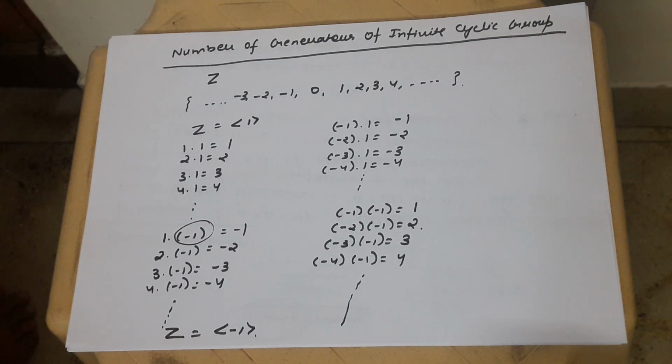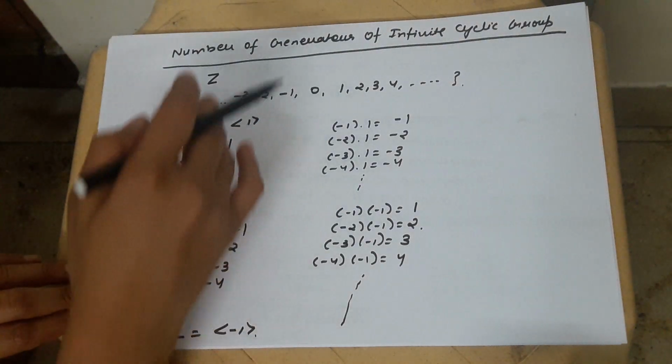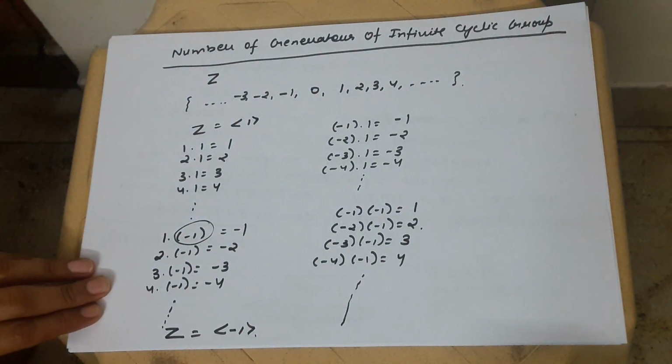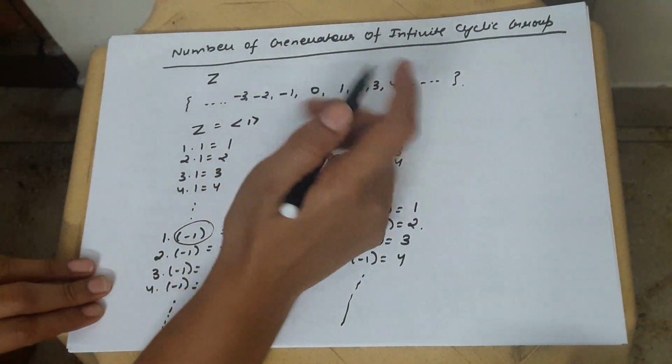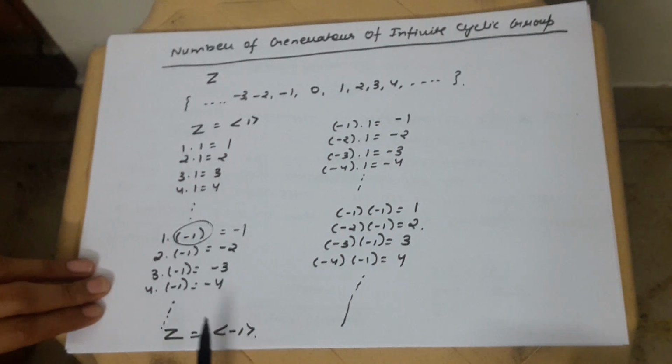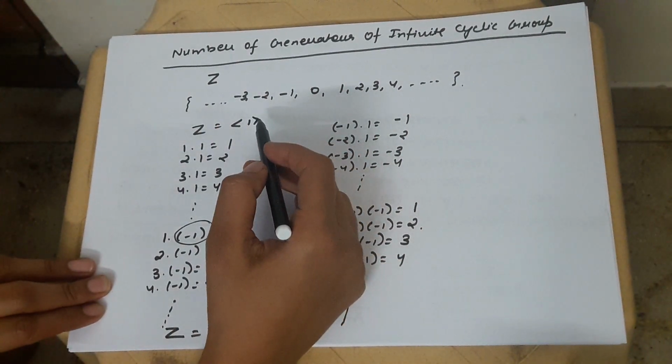Along with that, one more thing is there. See, what is the relation between 1 and minus 1? This is an additive group, and here minus 1 is the additive inverse of 1.